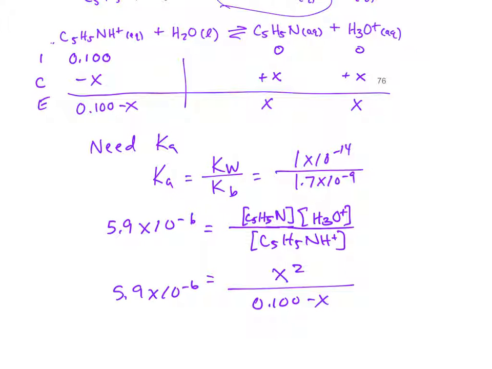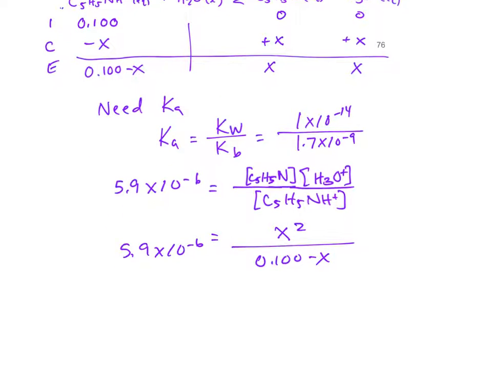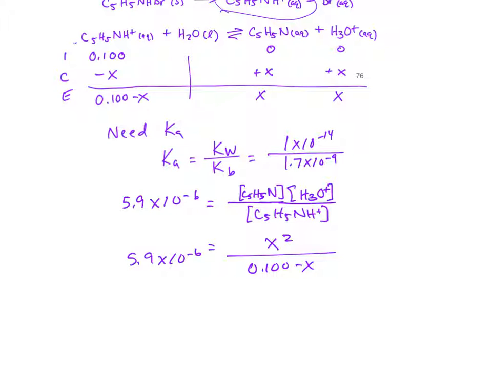As I do these problems, I'm always going to want to make an assumption that x is smaller than our initial concentration. We can check that. We'll take our 0.1 divided by 5.9 times 10 to the minus 6.